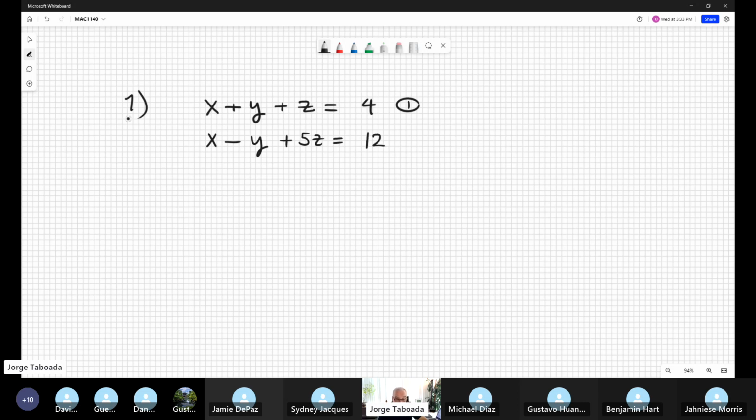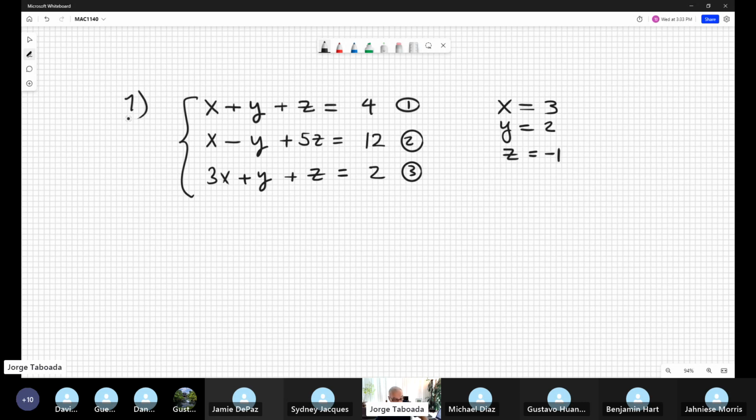Otherwise, no solution. Okay. This is equation 2. 3x plus y plus z equal to, equation 3. This is my system. I need, in this problem, to verify if the solution x equal 3, y equal 2, and z equal -1 is a solution or no. The answer is yes or no.